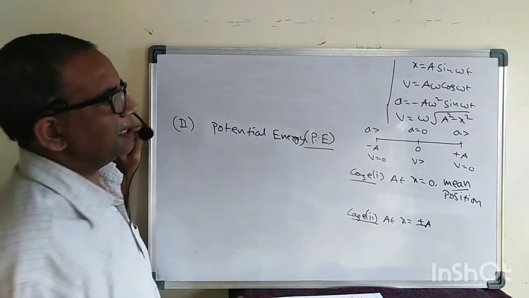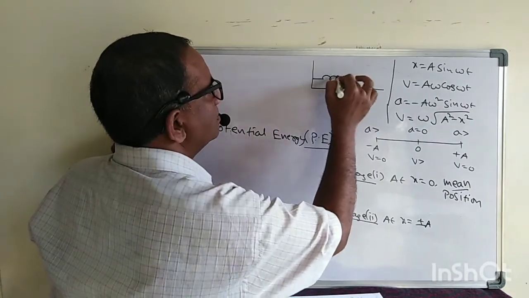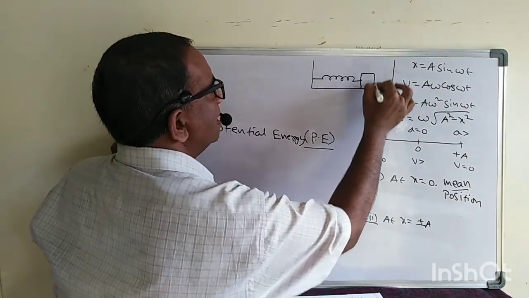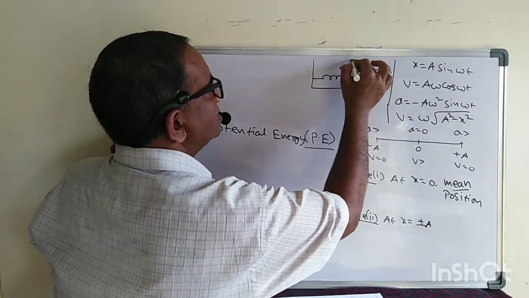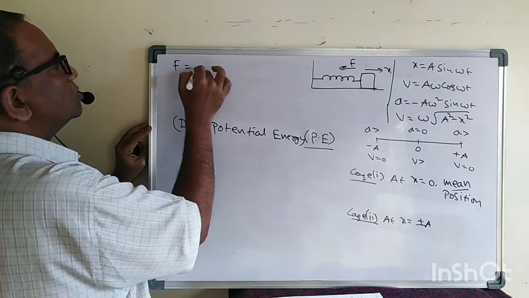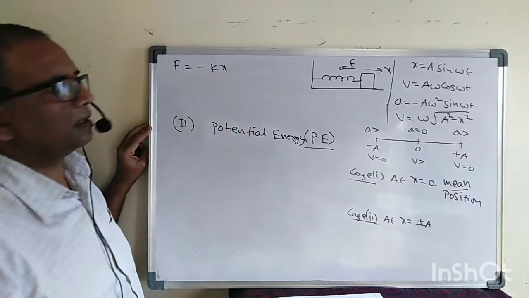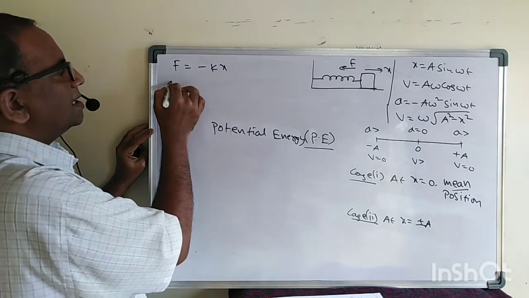In the last class, we have taken one spring mass system. In the spring mass system, if the displacement is x, then the restoring force F is there, and here we said that force is equal to minus kx. And here the force is a variable one. Therefore, how can you calculate the work done here?